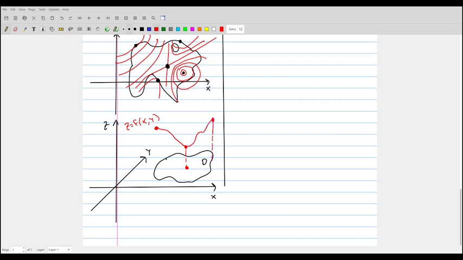And the global maximum maybe occurs here on the boundary. And then for all other points, maybe the surface looks kind of like this.